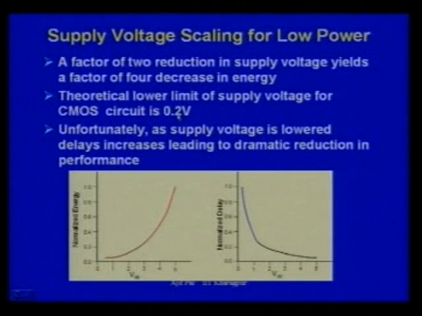It has been found that theoretically CMOS circuits can work down to 0.2 volt. However, nowadays the supply voltage has been reduced from 5 volt to 3.3, from 3.3 to 2.2, then to 1.8. Nowadays most CMOS circuits are operating at 1 volt, although the theoretical lower limit is 0.2 volt.